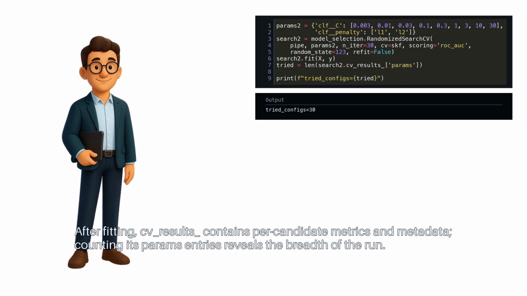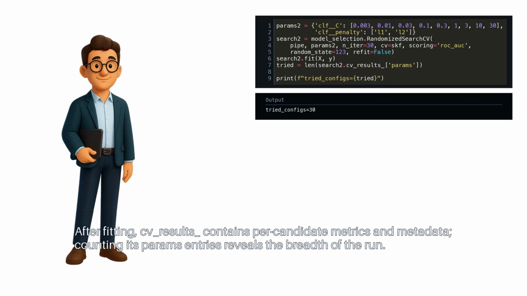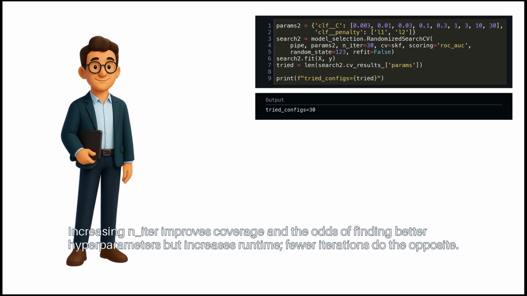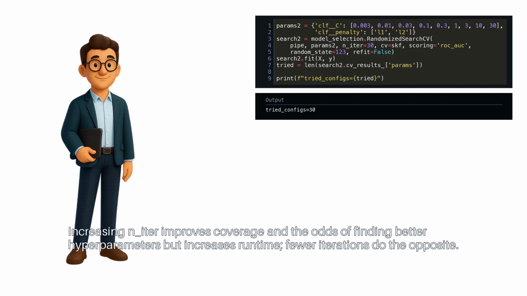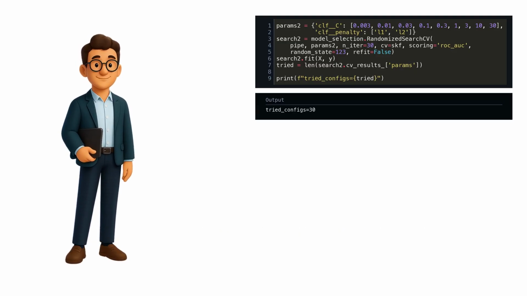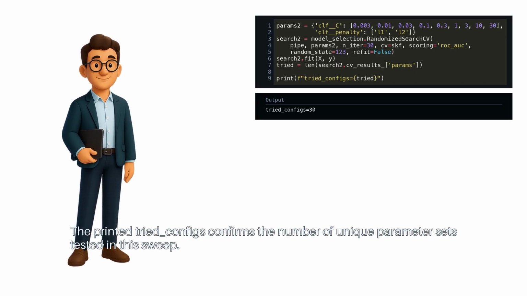After fitting, cv_results_ contains per-candidate metrics and metadata. Counting its params entries reveals the breadth of the run. Increasing n_iter improves coverage and the odds of finding better hyperparameters, but increases runtime. Fewer iterations do the opposite. The printed tried configs confirms the number of unique parameter sets tested in this sweep.